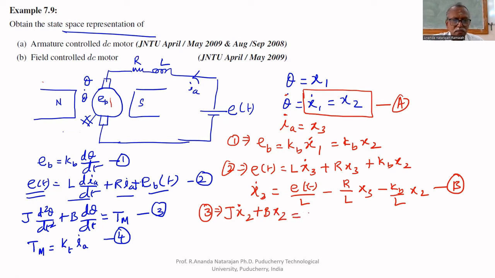Tm equal to KT Ia, and Ia is x3. Or we can write x2 dot equal to KT by J x3 minus B by J x2. So we got three first order equations.